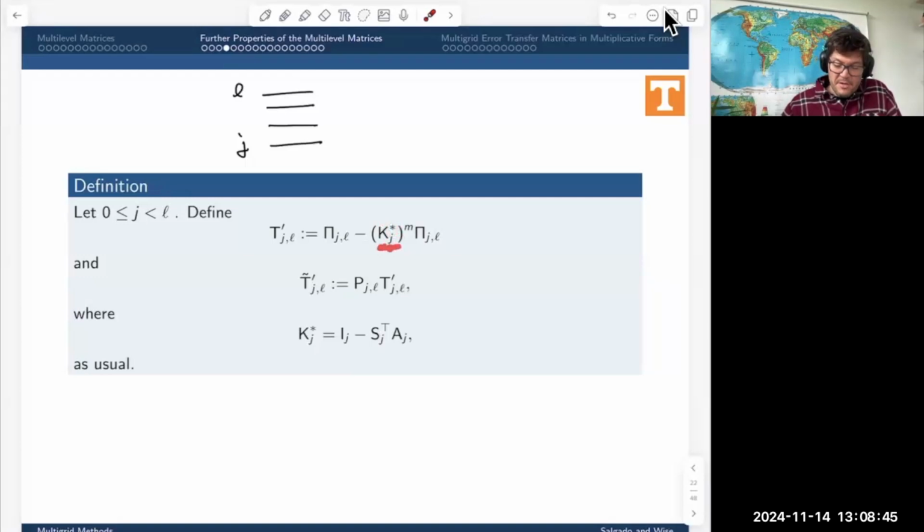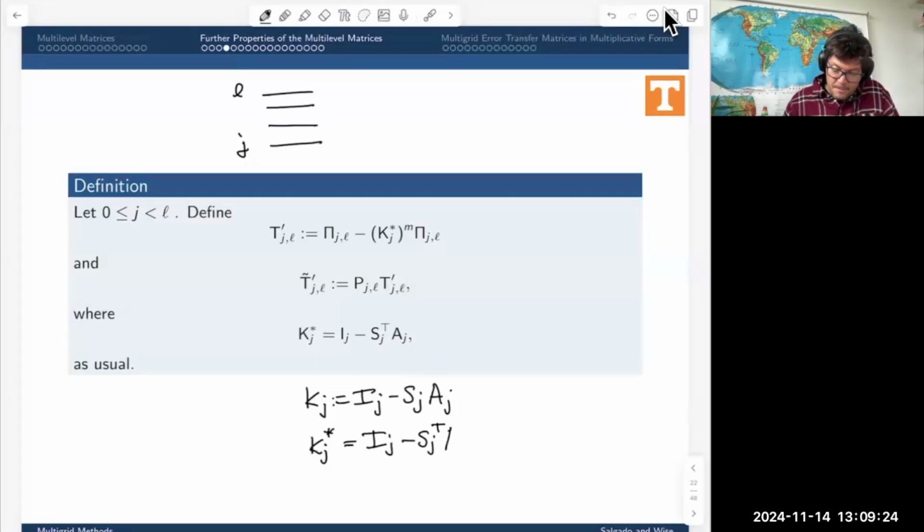So this matrix here, remember, is the error transfer matrix for smoothing. It's defined as, remember, KJ is defined as IJ minus SJ AJ. That's by definition. Now we showed that if you take the adjoint of this matrix with respect to the AJ inner product, then the adjoint is IJ minus SJ transpose AJ. We showed that.